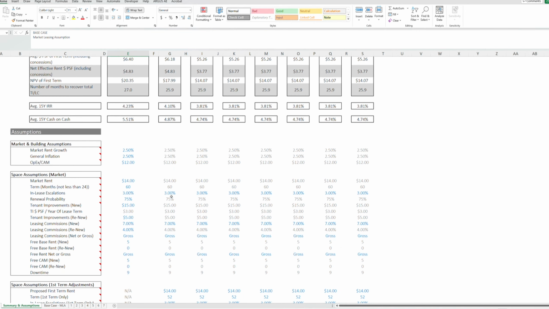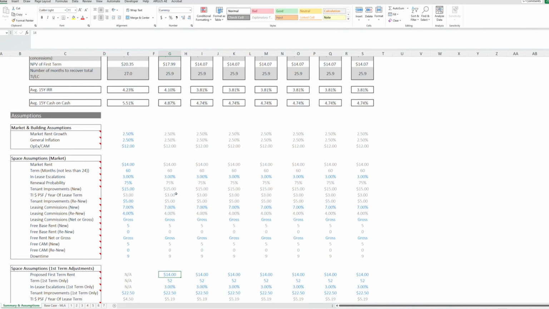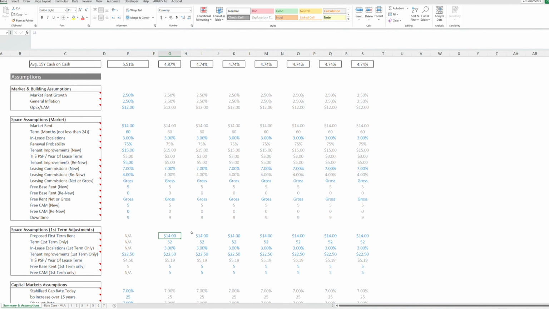Let's say a tenant comes to this space and they're offering you $12 a square foot, versus the $14 that you had initially underwritten, but they're willing to sign an 80-month lease, and they'll accept $15 in TIs.